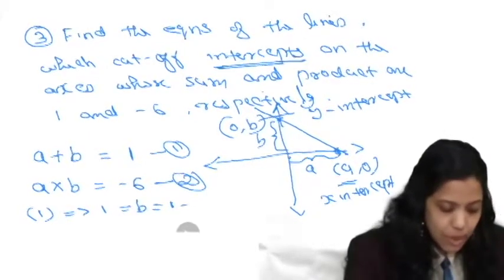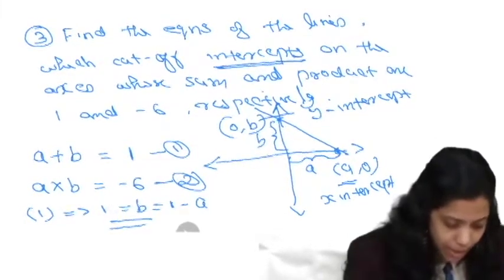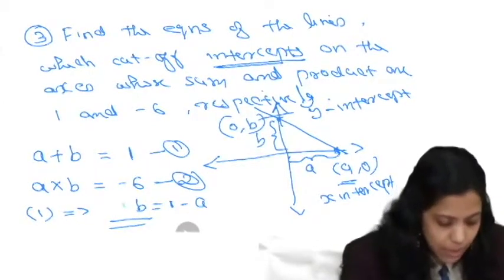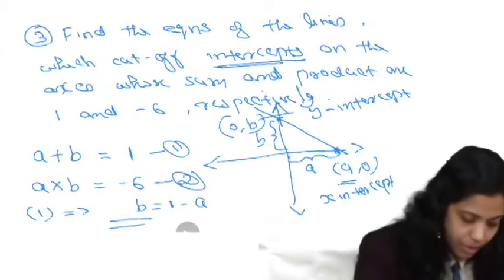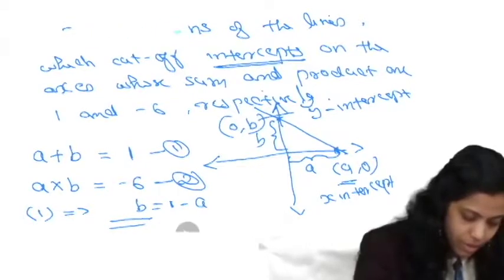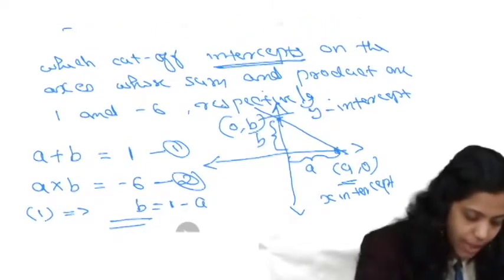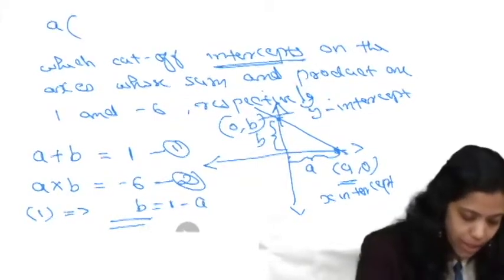So let's substitute the value of b equal to 1 minus a in the second equation. a times, in place of b we can write 1 minus a, equals negative 6.